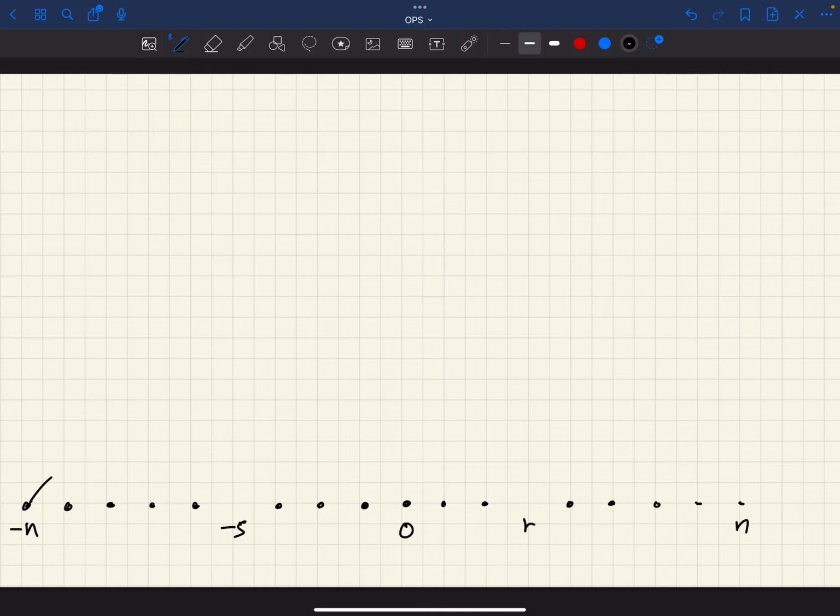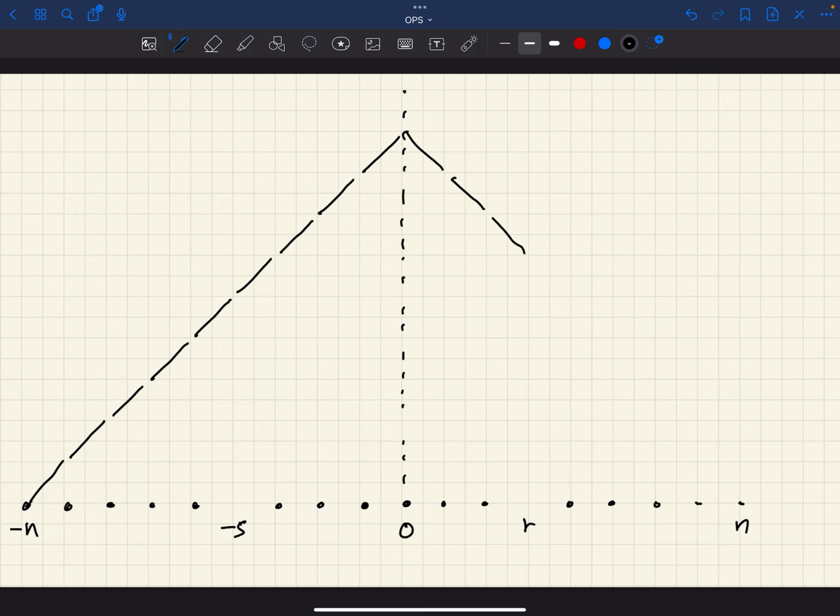So we go all the way up, and all the way down, like this. Yes, maybe I missed one point.